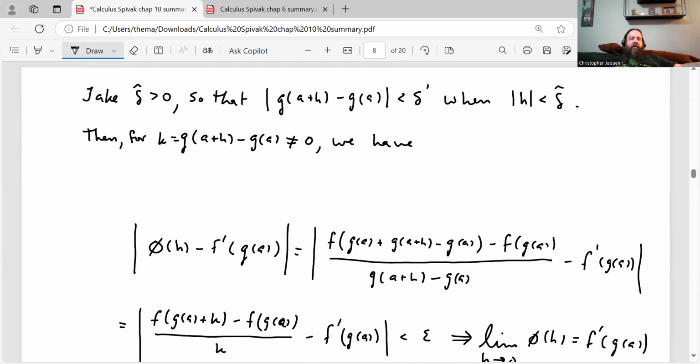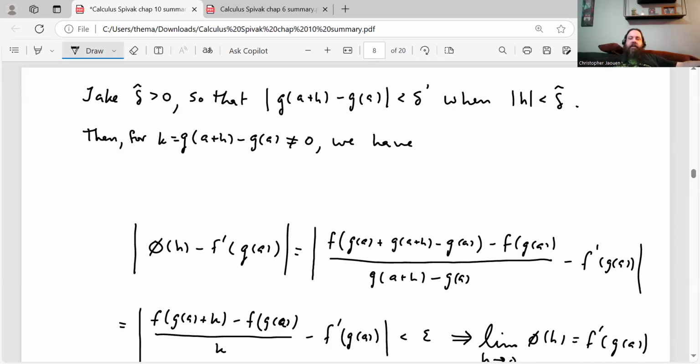Then we have the absolute value of phi of h minus f prime of g of a is equal to, when you expand phi of h, f of g of a plus g of a plus h minus g of a. That's the same thing as f of g of a plus h, but we're writing it in that specific way because we want to use what we showed above.